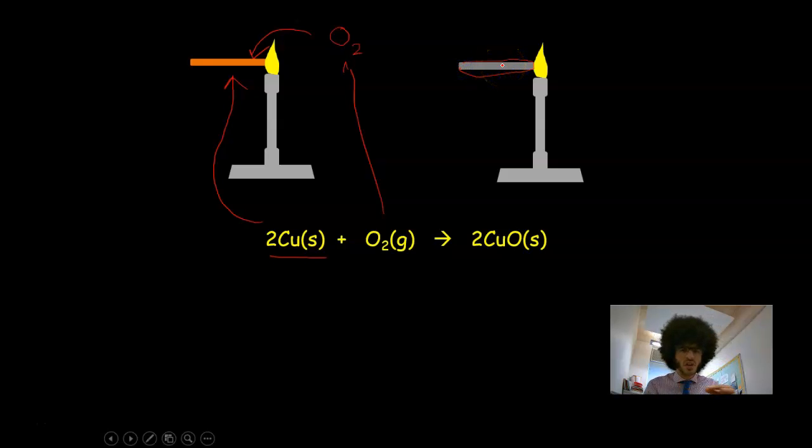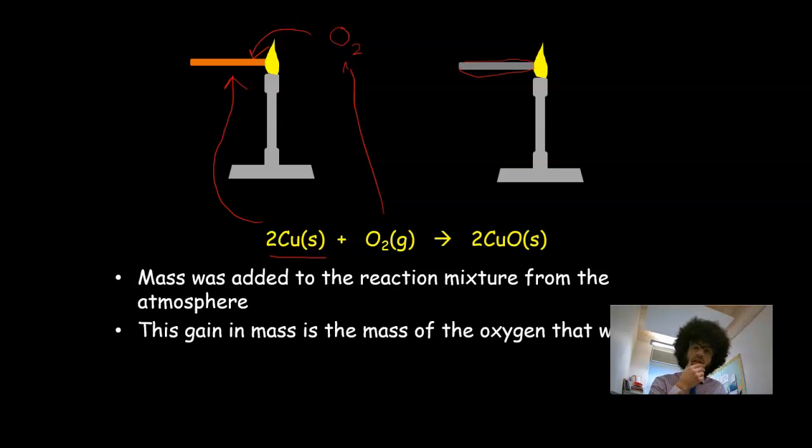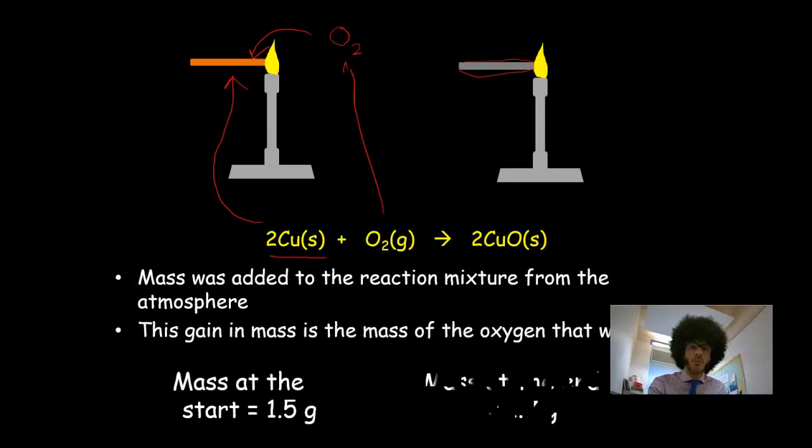Inside it might still have some unreacted copper, but on the outside you'll have the copper oxide. So mass is being added to the reaction mixture from the atmosphere, and that gain in mass, from 1.5 to 1.7, is the mass of oxygen that's been added from the atmosphere to create the copper oxide.